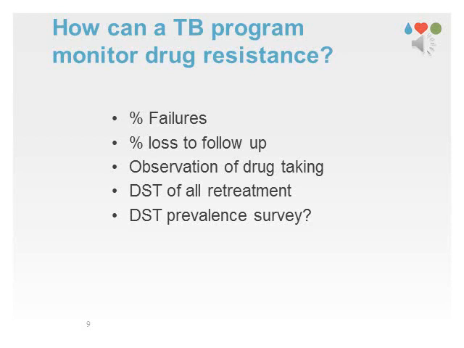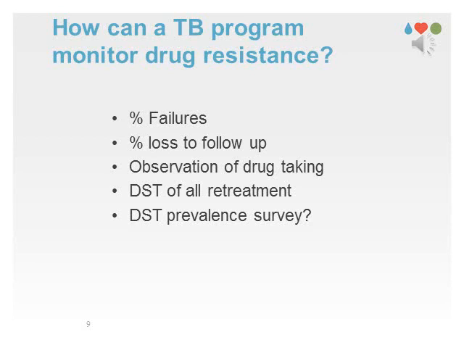There are some indicators that may suggest that drug resistance may be common. A tuberculosis program always reports treatment outcomes, and if the proportion of treatment failures is high, this may indicate resistance to drugs.